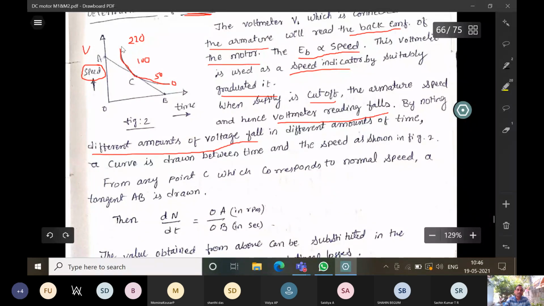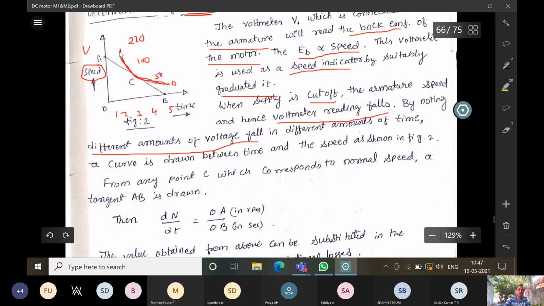So draw a curve for the different readings. You will get a curve like this with respect to time for the total seconds. Suppose 5 seconds: 1 second, 2 second, 3 second, 4 second, 5 second. In the 5 seconds the voltage falls down.